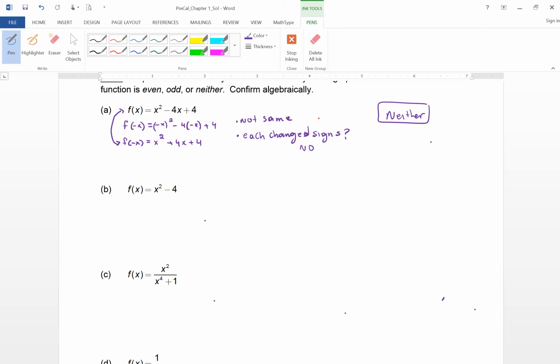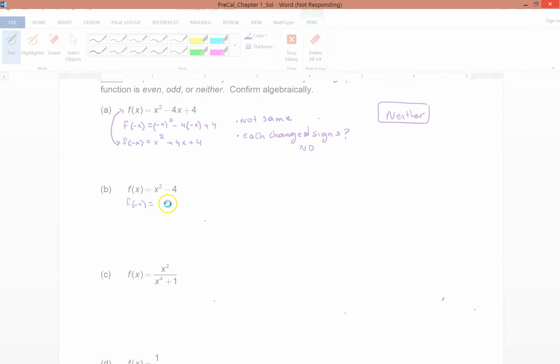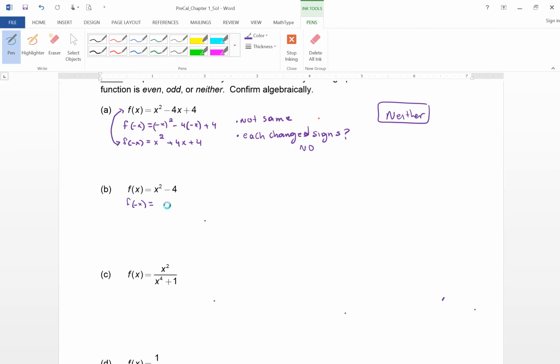Let me do these other examples now. Look at this one. We're going to plug in f of negative x. Negative x squared minus 4. You simplify.